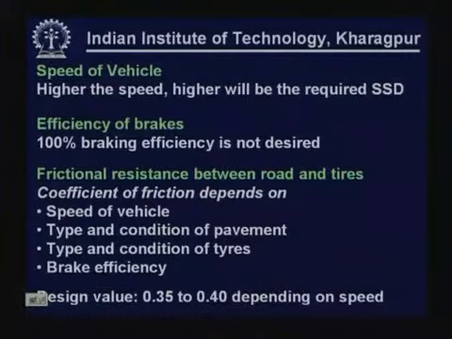Old, worn out tires which are practically flat, and new tires with very good treads behave in different ways. And also the brake efficiency, as I told, if it is 100% brake efficiency, wheels are completely locked against rotation. So, obviously, a higher coefficient of friction will be applicable within the braking distance.